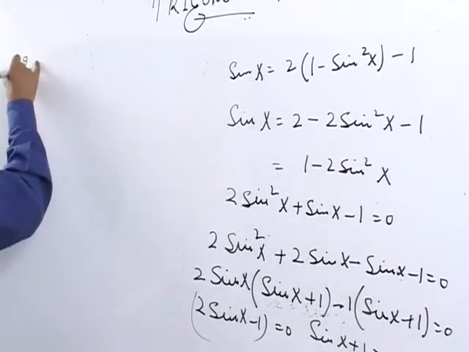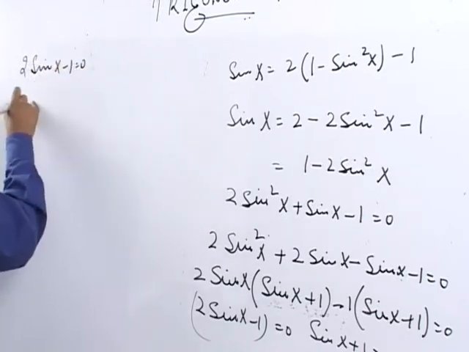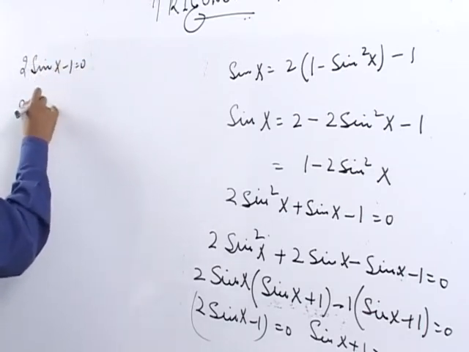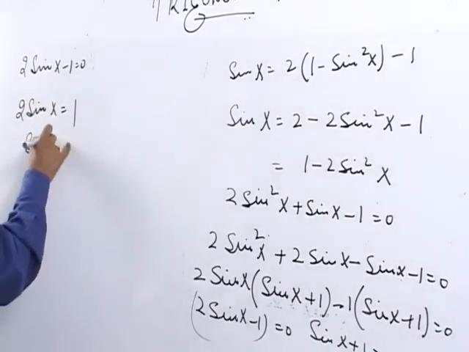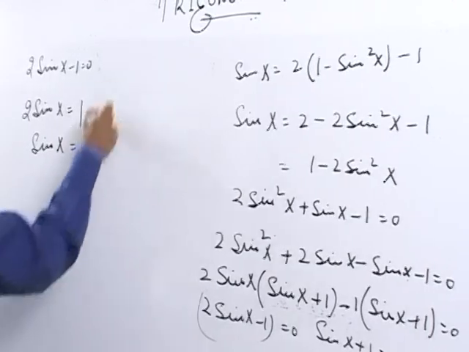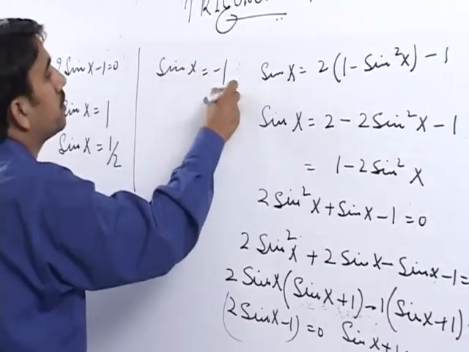Now this is 2 sin x minus 1 equal to 0, 2 sin x is equal to 1, and sin x is equal to 1 by 2, and here sin x is equal to minus 1.